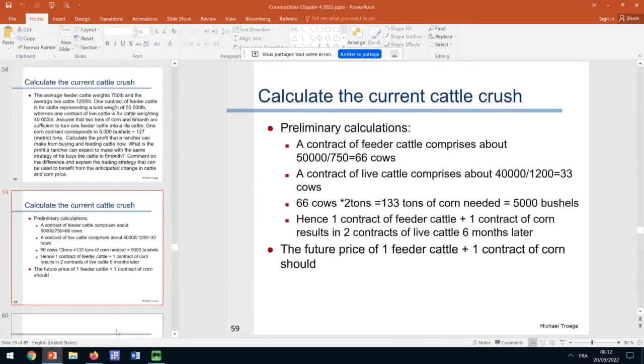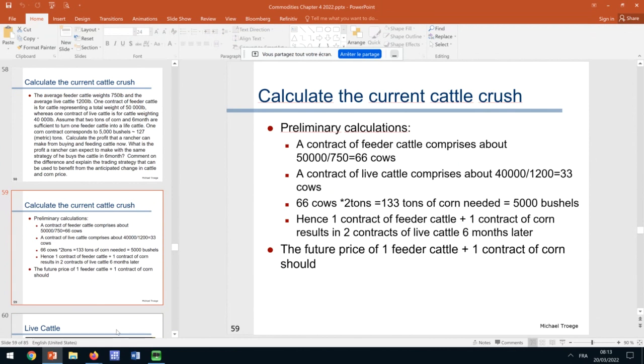So, pretty simple. A feeder cattle weighs about 750 pounds, and one contract is for 50,000 pounds, so it's on average 66 cows.